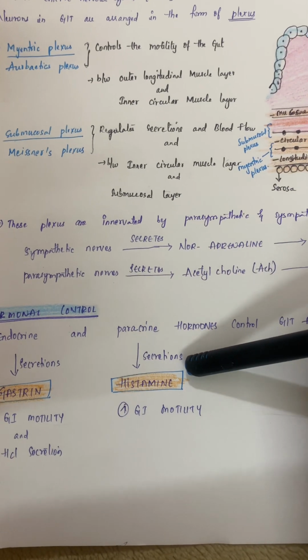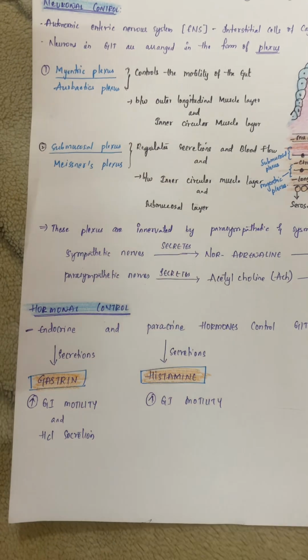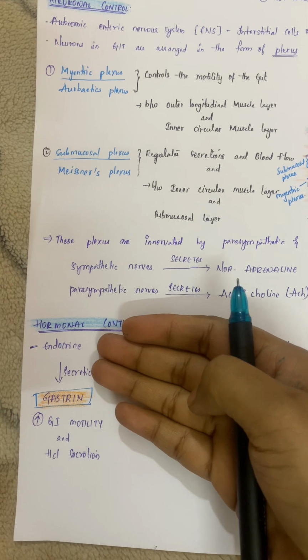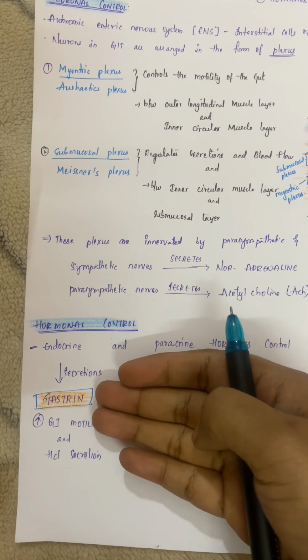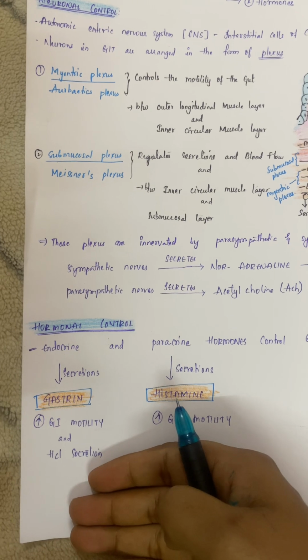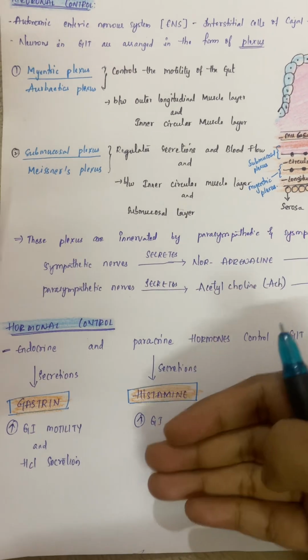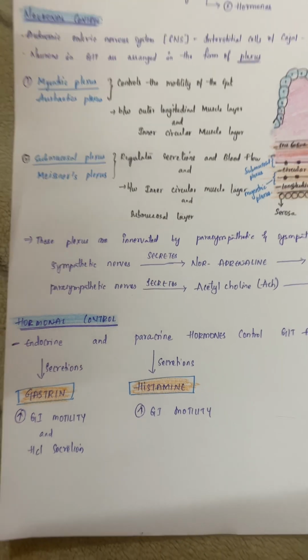Now the histamine hormone will increase the GI motility. So generally in hormonal control, endocrine glands will result in gastrin secretion, which therefore results in increase in GI motility and HCl secretion, whereas the paracrine hormones secrete histamine, which increases the GI motility.